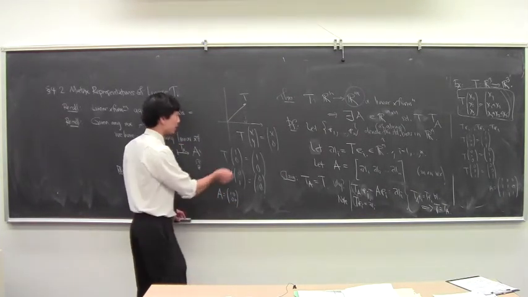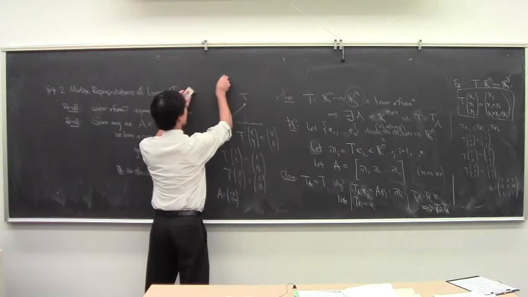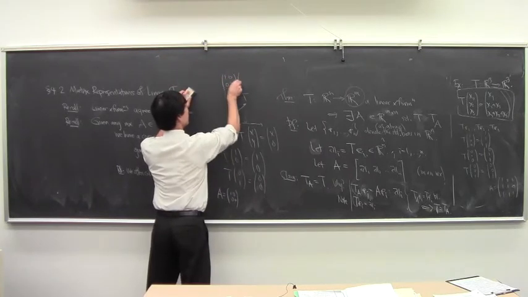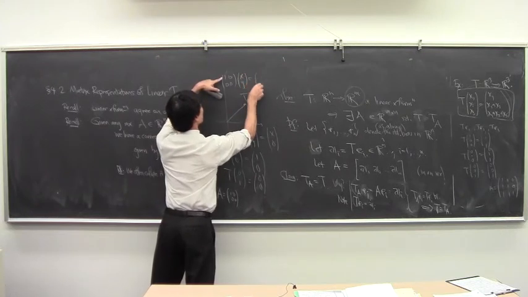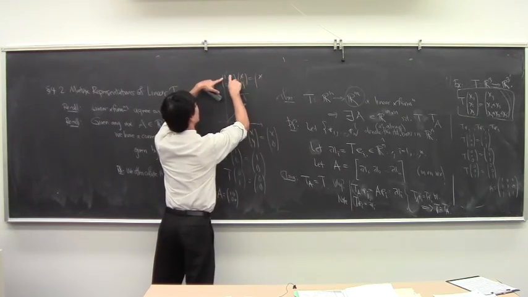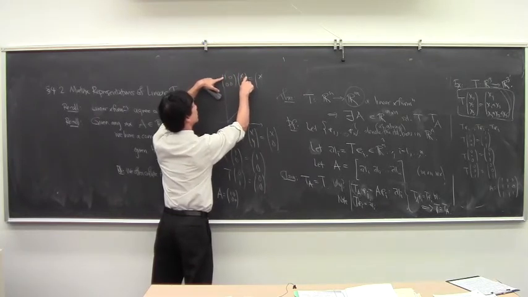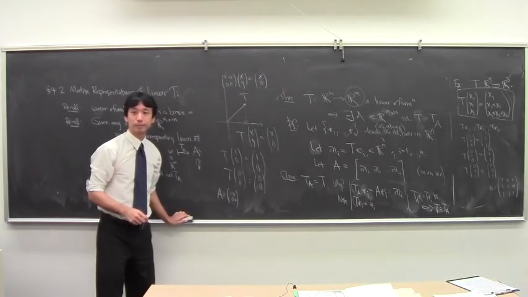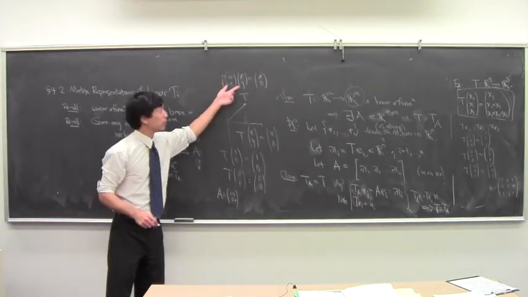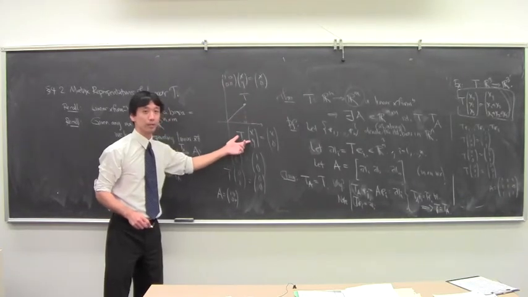You see it actually does behave the same way. If I hit (x, y) with it, what do I get? I get 1x plus 0y, and then 0x plus 0y. So this matrix does behave exactly as the transformation.